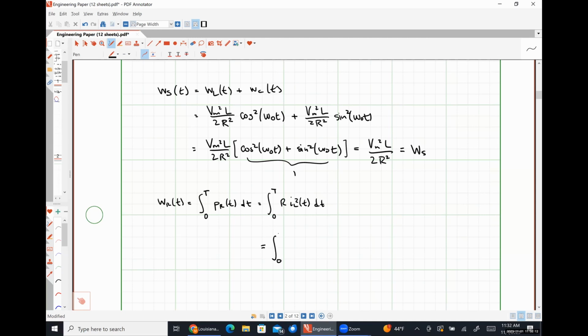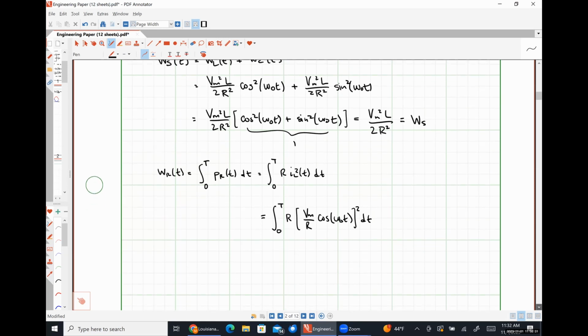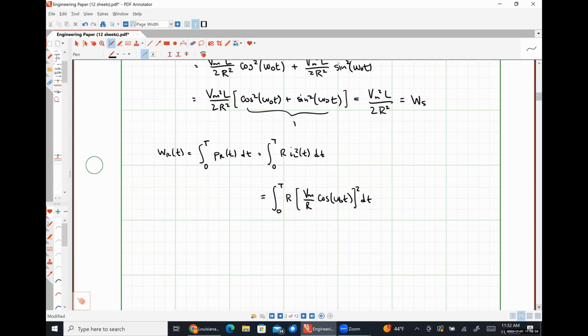So that's going to be the integral from 0 to T of R times Vm over R cosine omega naught t quantity squared dt. And using relationships that we developed back in Circuits 1, we know that the integral of this cosine squared term is just going to give us the magnitude squared divided by a factor of 2, right?